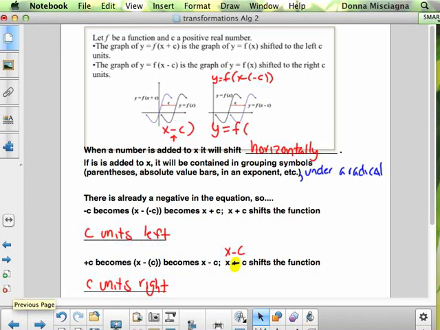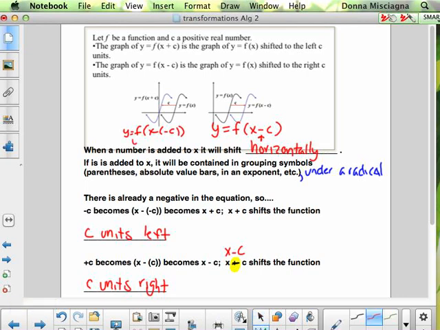You could add that, but actually it's in there, but it's written right next to the two blue graphs, and that should go that way. So we have y equals f of x minus a negative c. All right, that would simplify to y equals f of x plus c. So if we see x plus c, that's c units to the left.